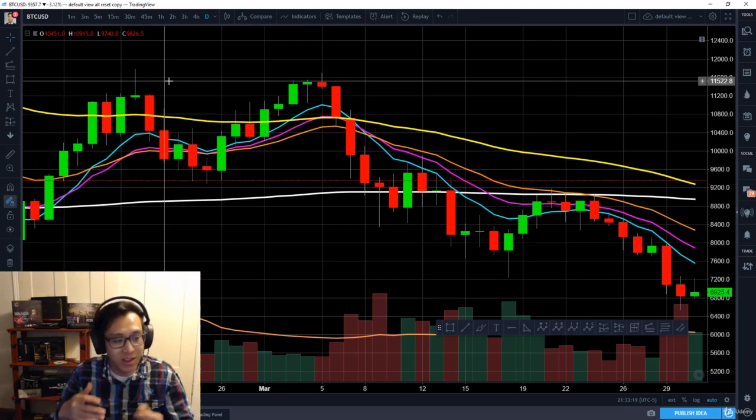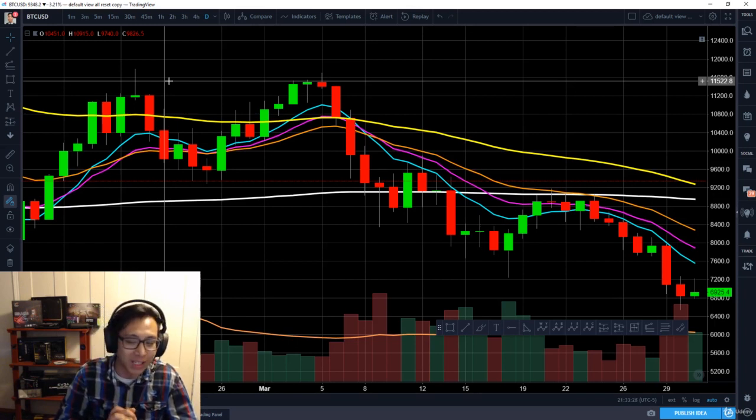So it implies that the momentum is carried over from the previous day. So we keep looking at these wicks to see what kind of pattern we can get, and we try to read the price action. Once we read these price action enough, they will tell a story, guys, okay?